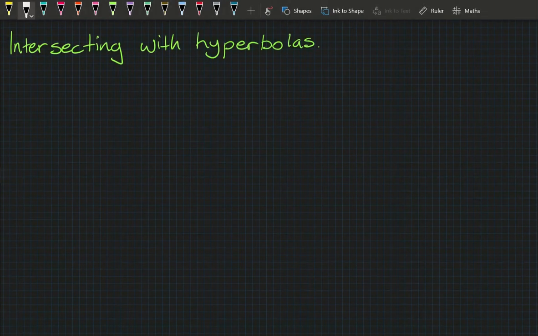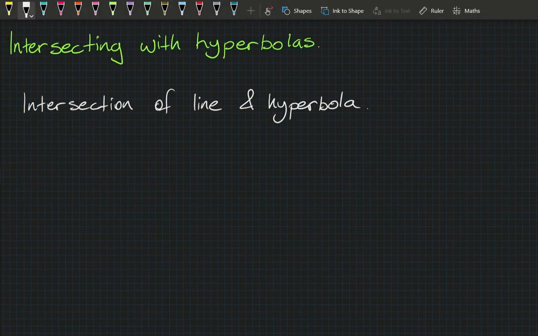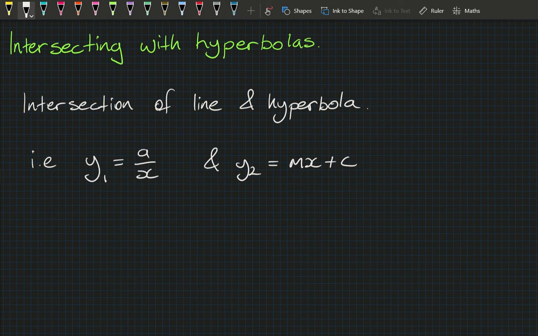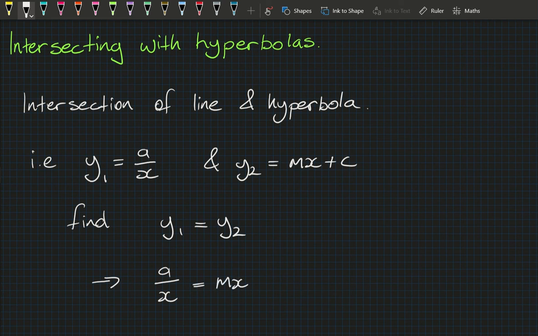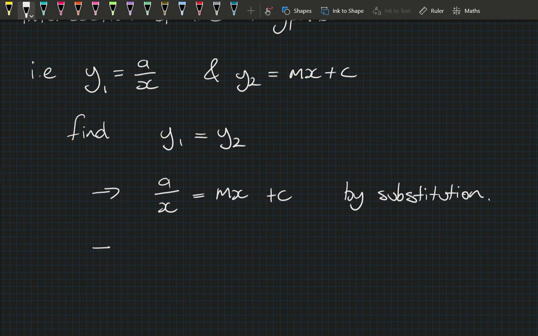To find the intersection of a line and a hyperbola, we would first describe our hyperbola as a divided by x and the line by mx plus c, and then seek to find where the hyperbola is equal to the line. Then we know that a over x is equal to mx plus c, just using substitution. And as we saw in the introduction, we could rearrange that equation to end up with mx squared plus cx minus a equals 0.